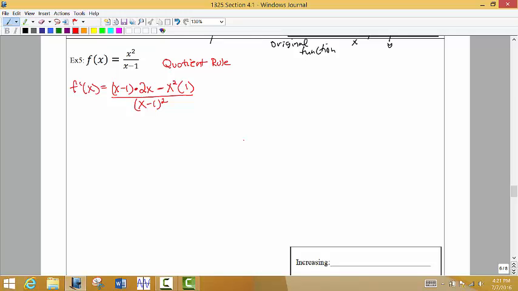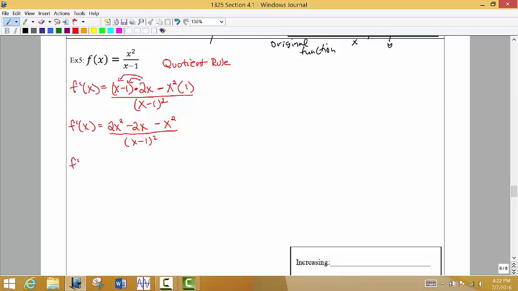Now, because we are going to use it, I am going to simplify this. So I'm going to do a little distribution. I'm going to do 2x multiplied into the parentheses. I get 2x squared minus 2x. And then, of course, this one's easy. I just get negative x squared all over that denominator squared.